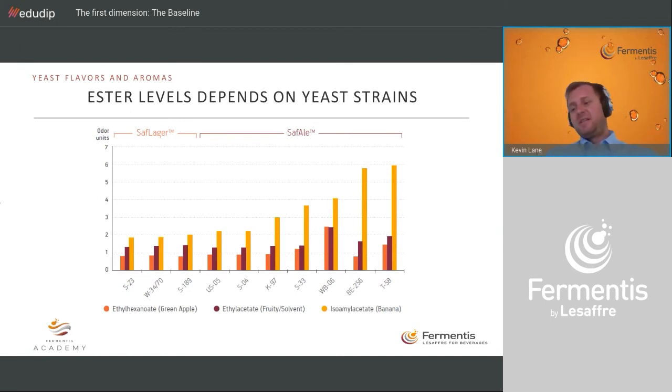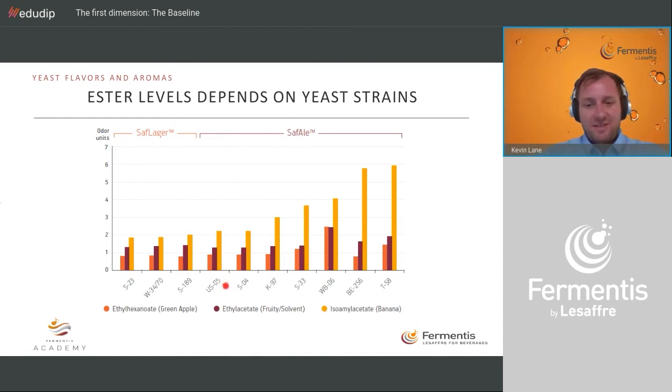When we did the studies on the residual sugar and attenuation, we also did the ester levels of the different yeast strains. And this was kind of a basis for going into this first dimension of fermentation that we wanted to investigate more, where you see the ester levels of each strain. So again, we have the 3 lagers grouped together because they're not too dissimilar from each other. They're creating really a crisp, clean fermentation.